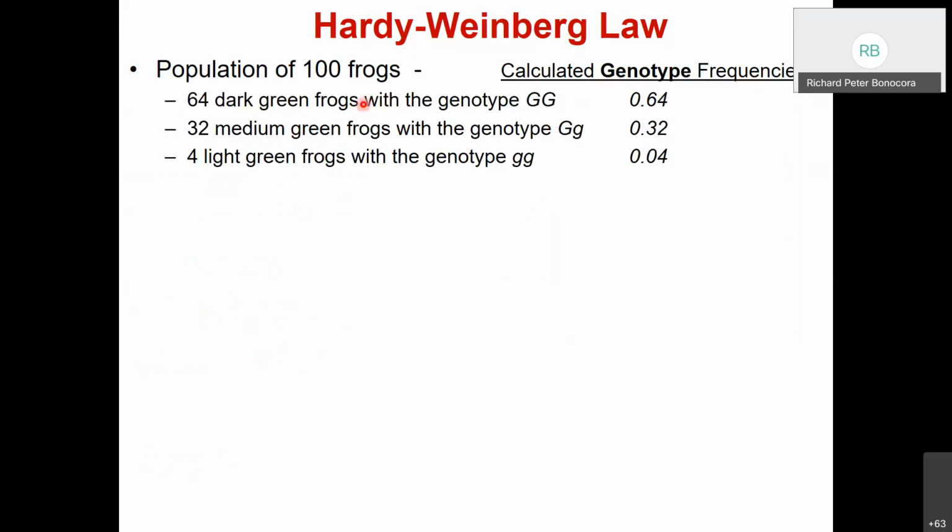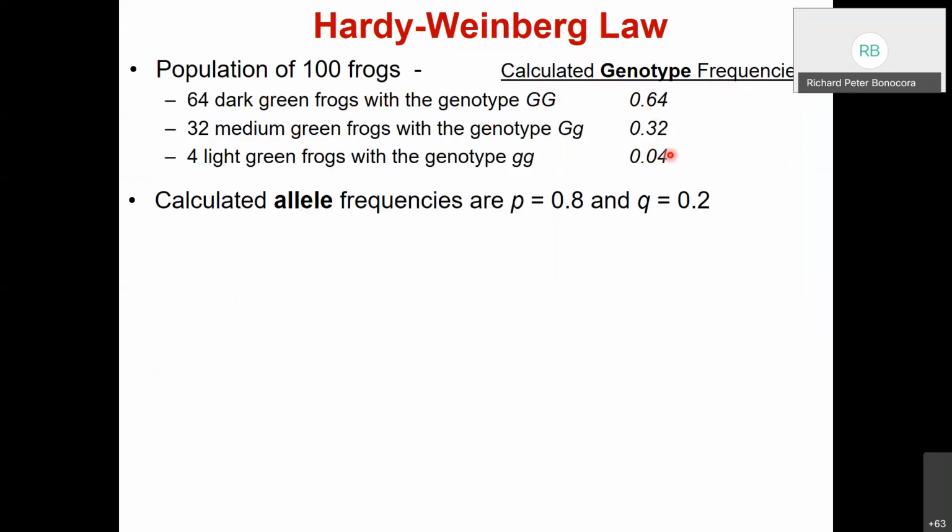All right, so we've looked at this hypothetical population, and we've calculated the genotypic frequencies by calculating the allelic frequencies. We know that the calculated allelic frequencies are 0.8 and, excuse me, 0.2.